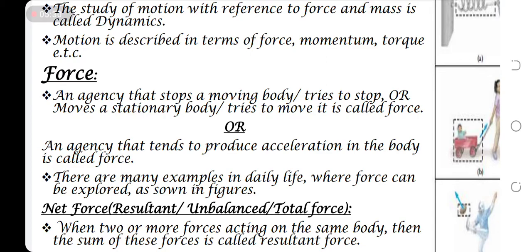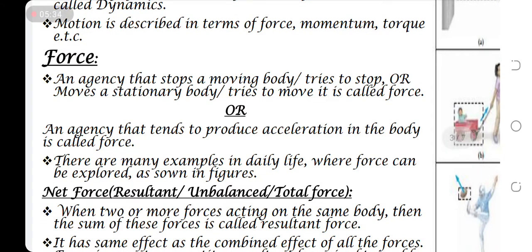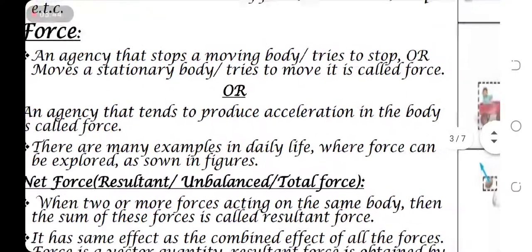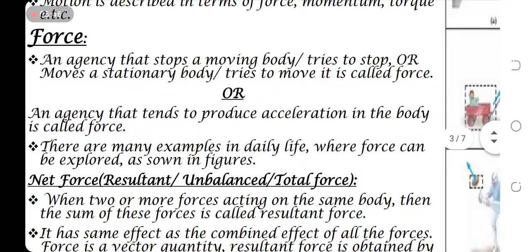Similarly, a moving car, we cannot stop it. So force is an agency that tries or tends to move or stop. Similarly, another definition: an agency that tends to produce acceleration in a body is called a force.